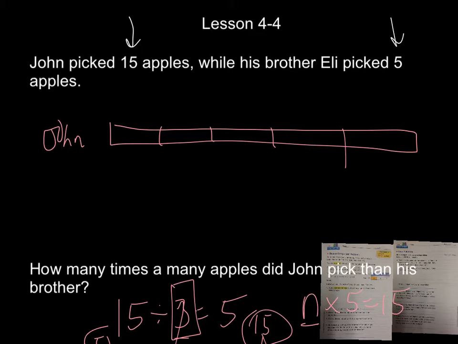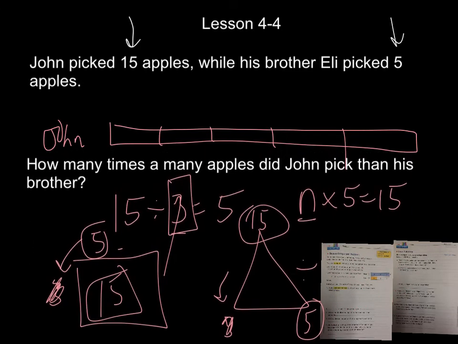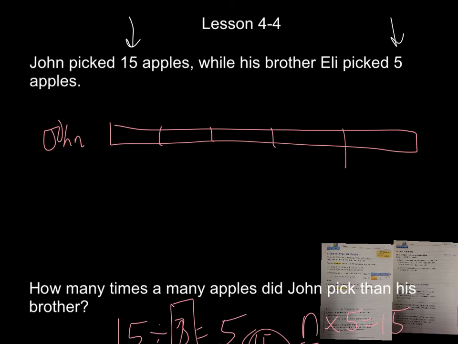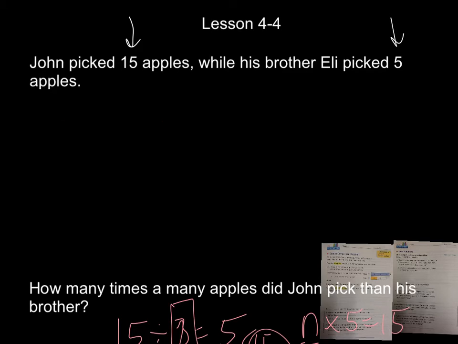So this would be 5 times as many, because we found out that he had 5 times as many apples. Oh, and I did that last one wrong up here. No, I didn't. It shows that he has 3 times as many. Sorry, the thing I'm looking at in the book is actually different than what I have here.